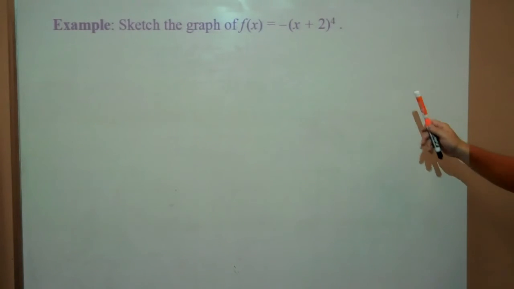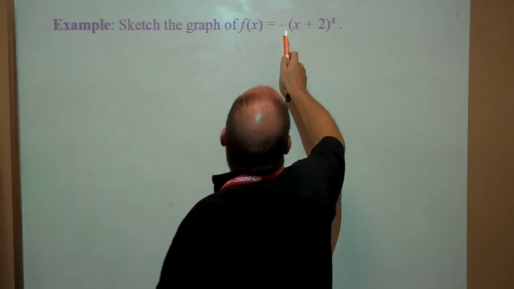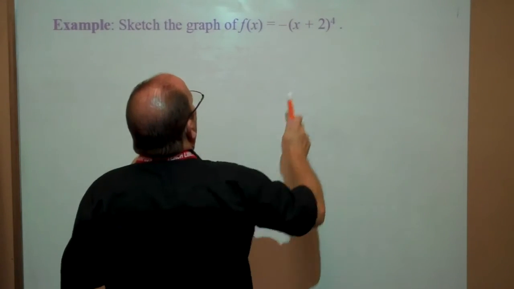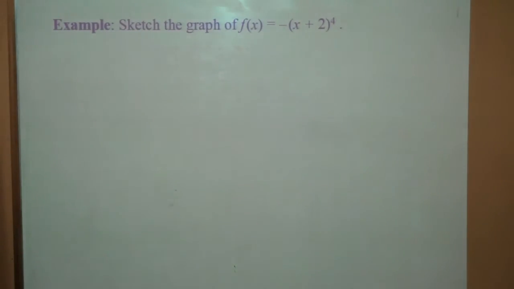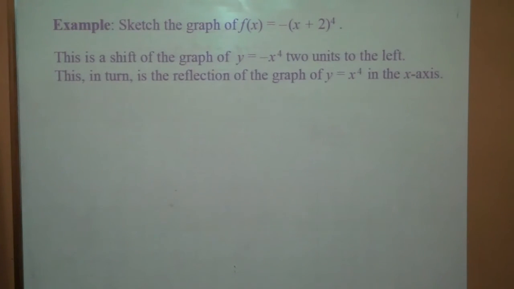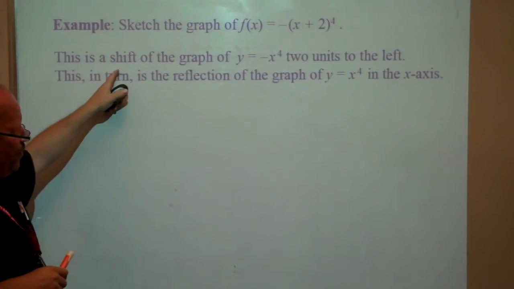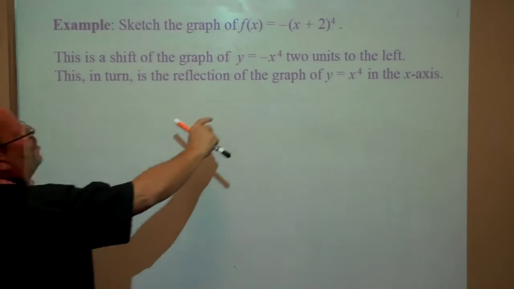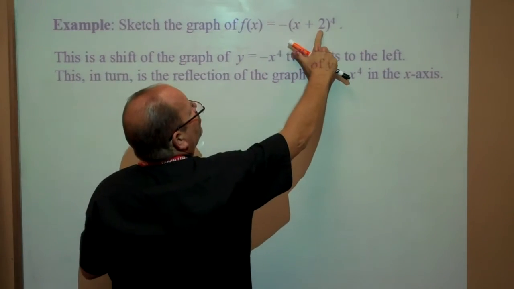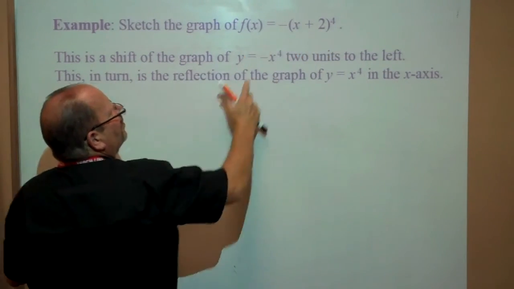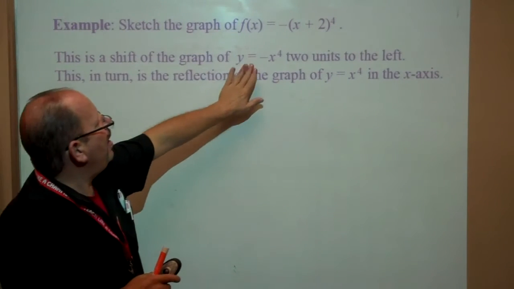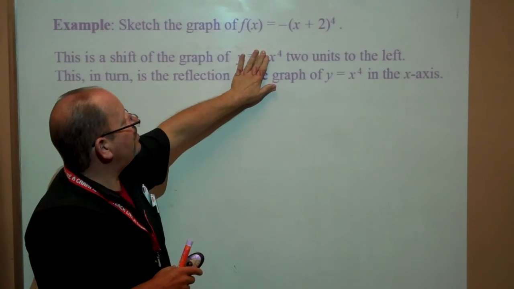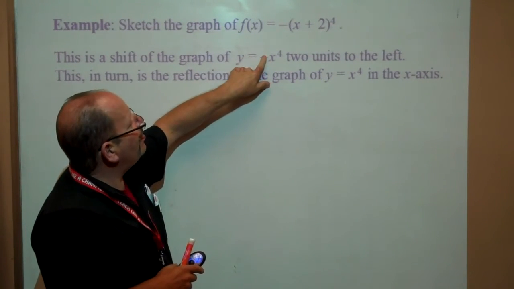Okay, so let's get the graph of f of x equals negative x plus 2 to the fourth. Well, we already know how to shift, flip, and all that good stuff. So this is a shift of the graph of y equals negative x to the fourth, 2 units to the left. Shifts 2 units to the left. And it's a flip of positive y equals positive x to the fourth.